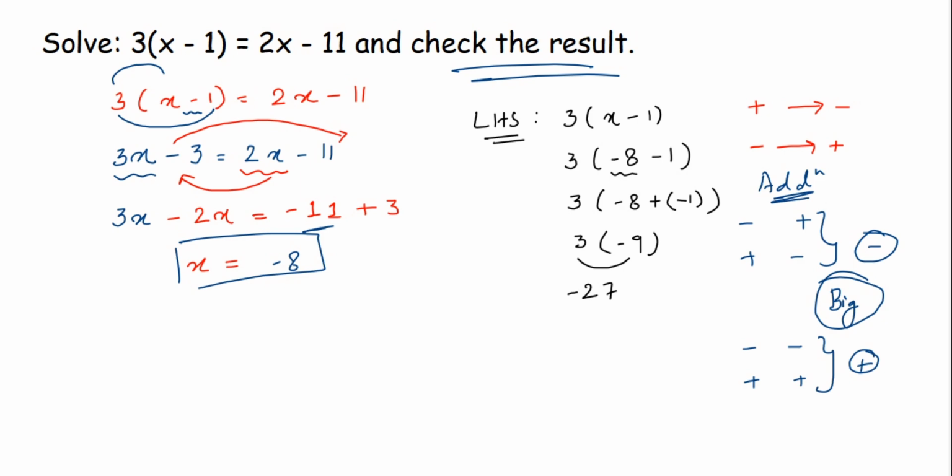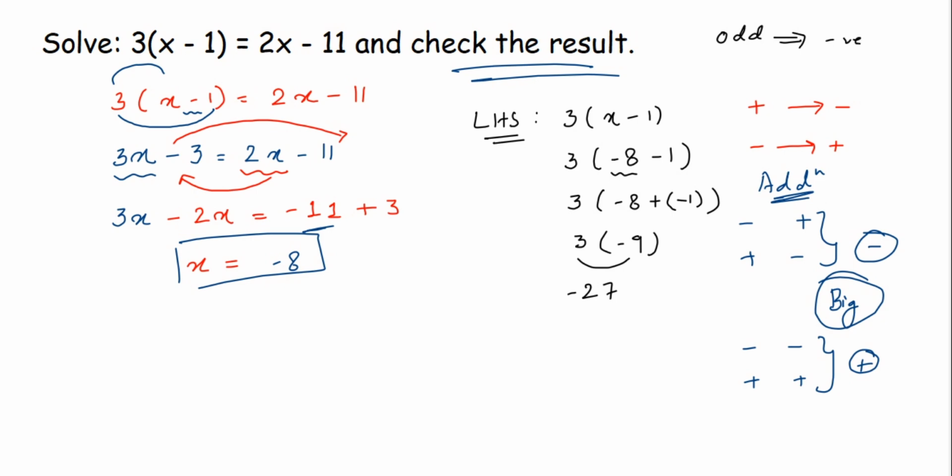That is your LHS. Now if you don't know the rule for the multiplication of integers, what you have to do is, for the multiplication case, you just multiply the numbers and count how many negative signs there are. We have only 1. Now 1 is an odd number. If you have a negative sign an odd number of times, then your final answer will be negative.